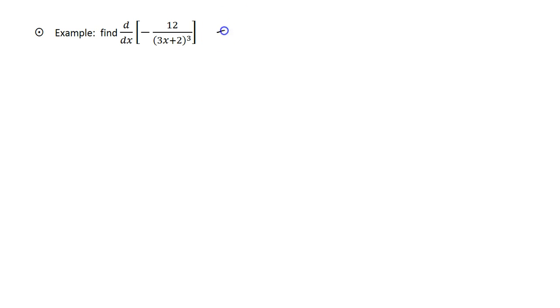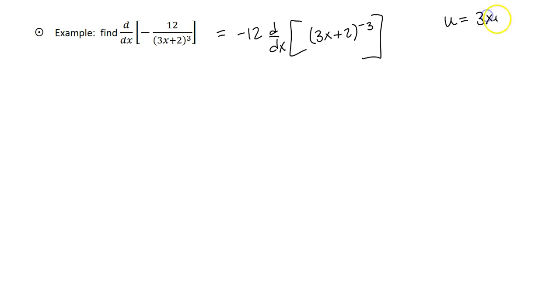Similarly with this one, I'm going to go ahead and bring the negative 12 out, and that's the derivative with respect to x of 3x plus 2 to the negative 3rd power. So in this case, I could let u be equal to 3x plus 2.